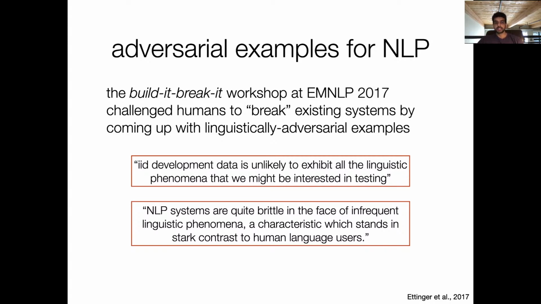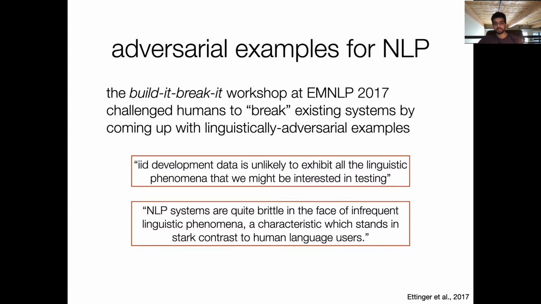And you can do this in several interesting ways. This Build It, Break It workshop focused on creating adversaries that are linguistically interesting. Perhaps you come up with some syntactic construction that hasn't been seen before in the model's training data. In the RoBERTa case, we would have fine-tuning data, obviously.